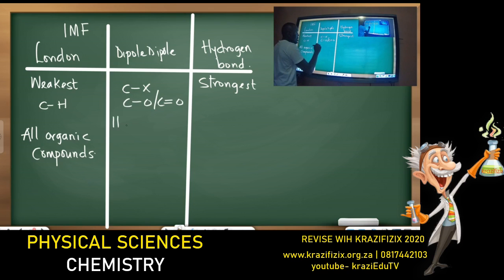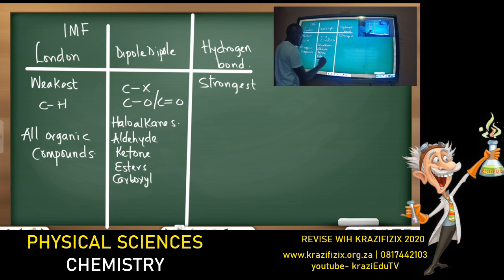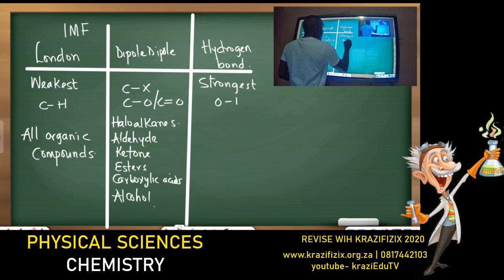So where are we going to have this? We have haloalkanes, which is your C to X there, where X is a halogen. We have aldehyde, double bond there with oxygen. We have ketone. We have esters. We have carboxylic acids. And we have alcohols. So you have dipole-dipole in all of this. And the strongest one is between oxygen and hydrogen.